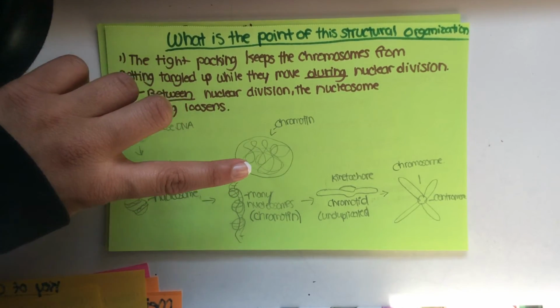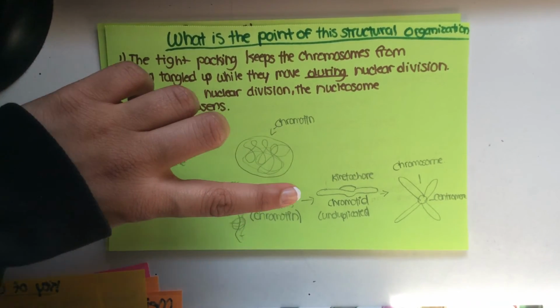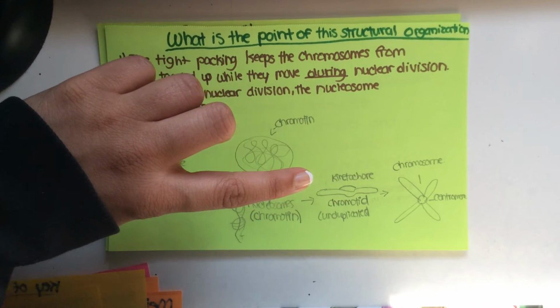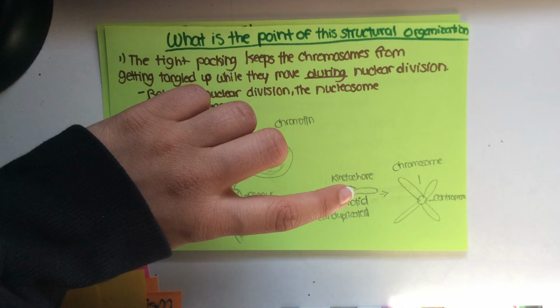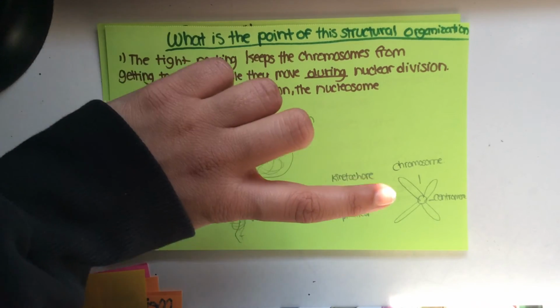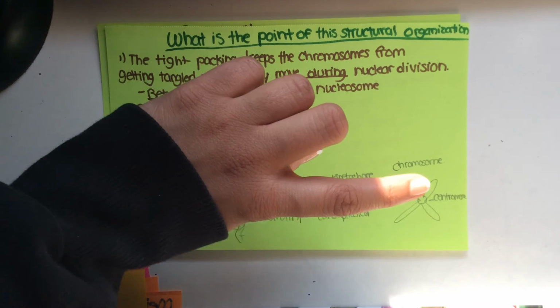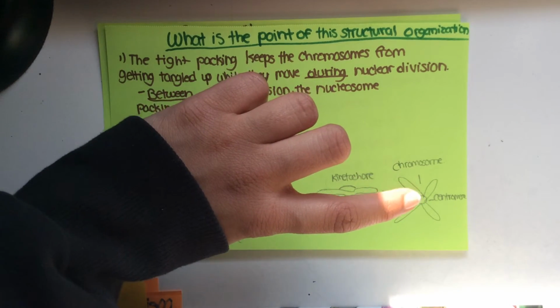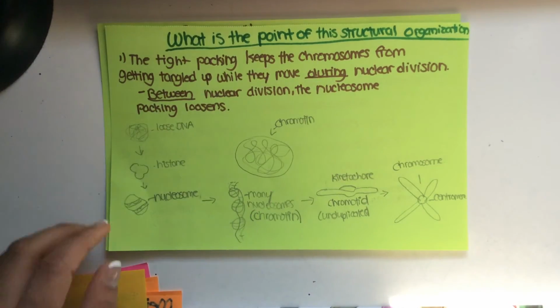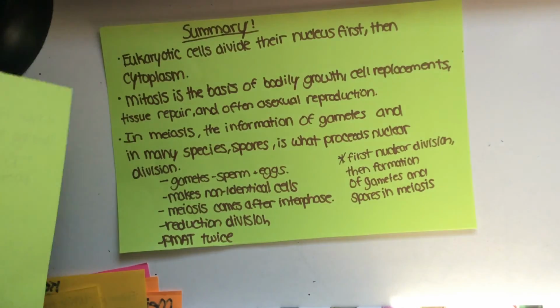And that's what loose chromatin would look like within a cell. Then the chromatin gets coiled up and it becomes a chromatid. That outer structure on the chromatid is called the kinetochore, and that's an unduplicated chromatid. Once the chromatid gets duplicated, it becomes a chromosome. And that center adjoining region of two chromatids is called a centromere. It's a lot of C's, but it makes sense after a while.